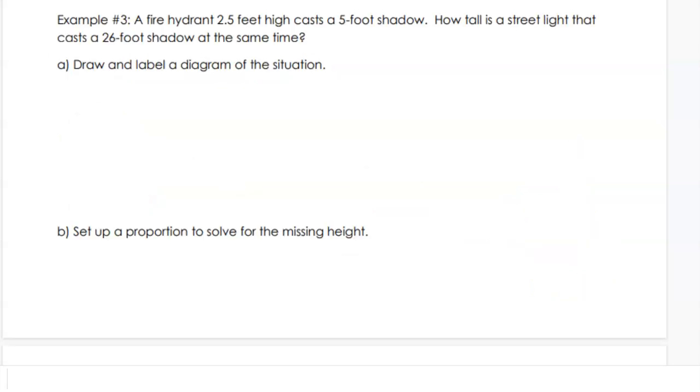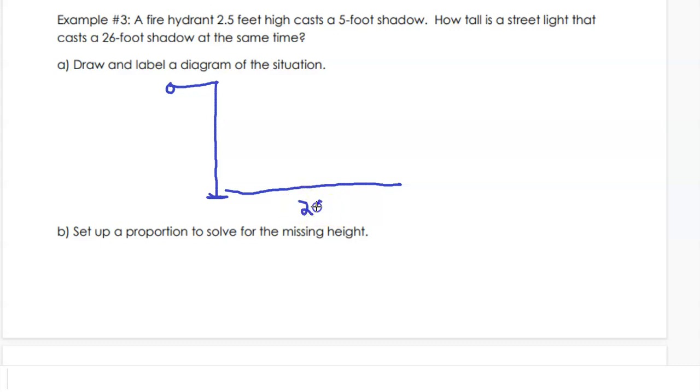A fire hydrant 2.5 feet high casts a 5-foot shadow. How tall is a street light that casts a 26-foot shadow at the same time? Let's draw and label a diagram for the situation. There's my light, and it's got this 26-foot shadow out here.